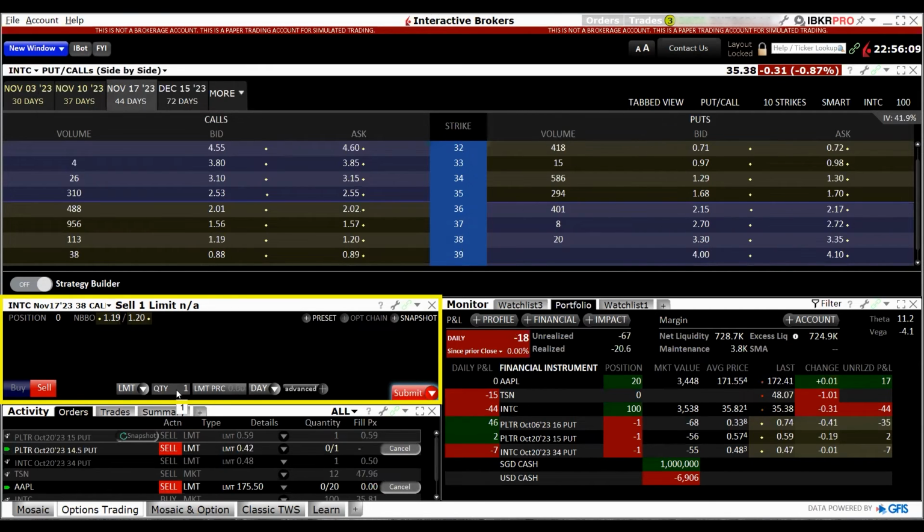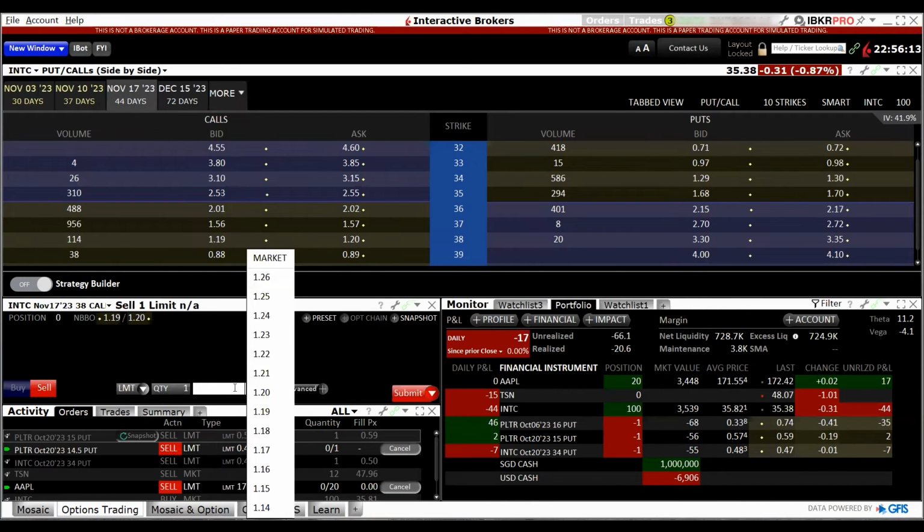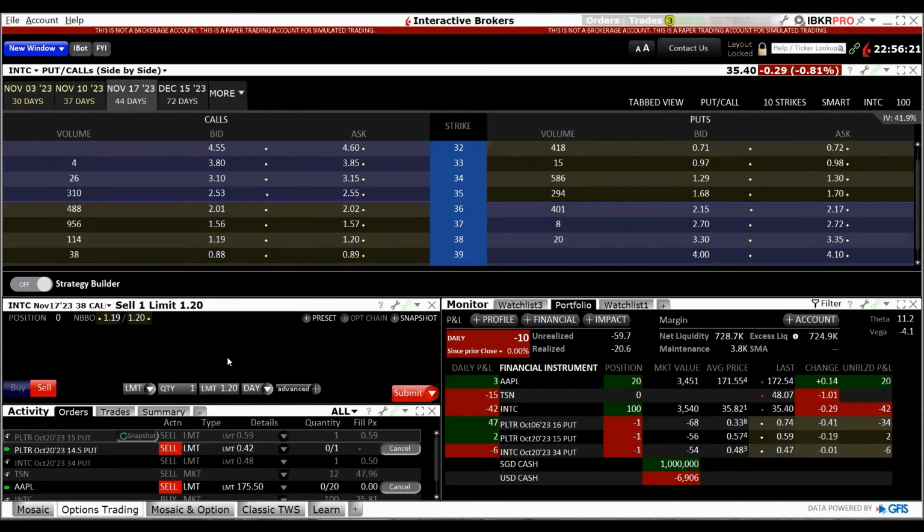One contract is 100 shares to sell off. And then the limit price we will set. For us to sell call, let's set $1.20. So if this order is filled, we will be collecting $120 of premium. Okay, so everything looks good, then we click submit.